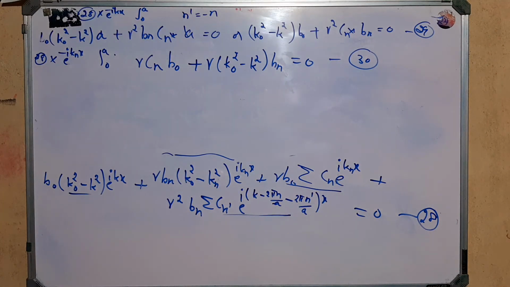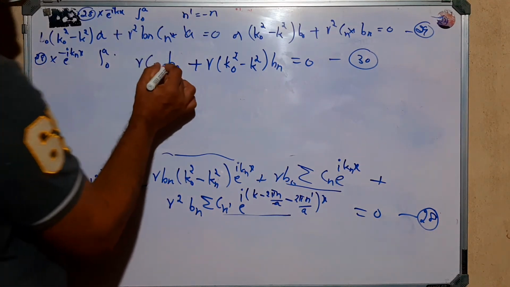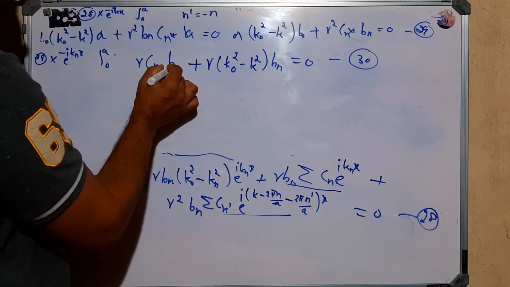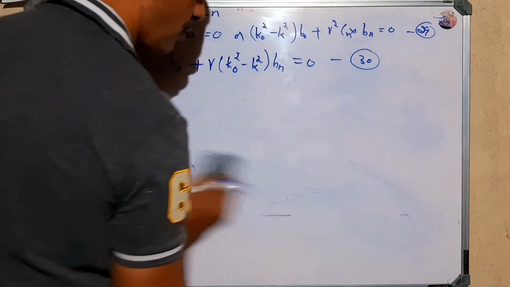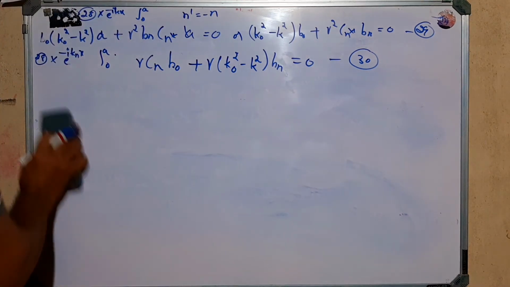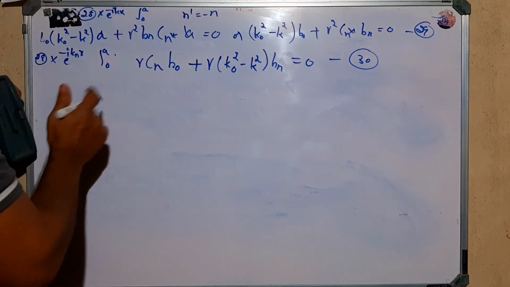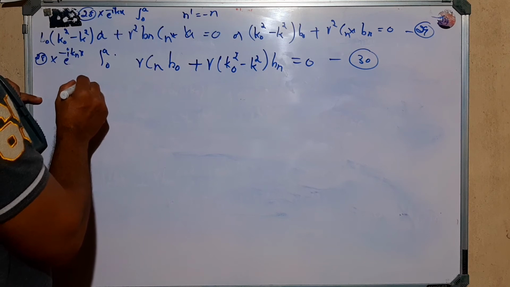Okay. So now for non-zero values of b naught and bn, the coefficients of b naught and bn you have to consider and write in determinant form.